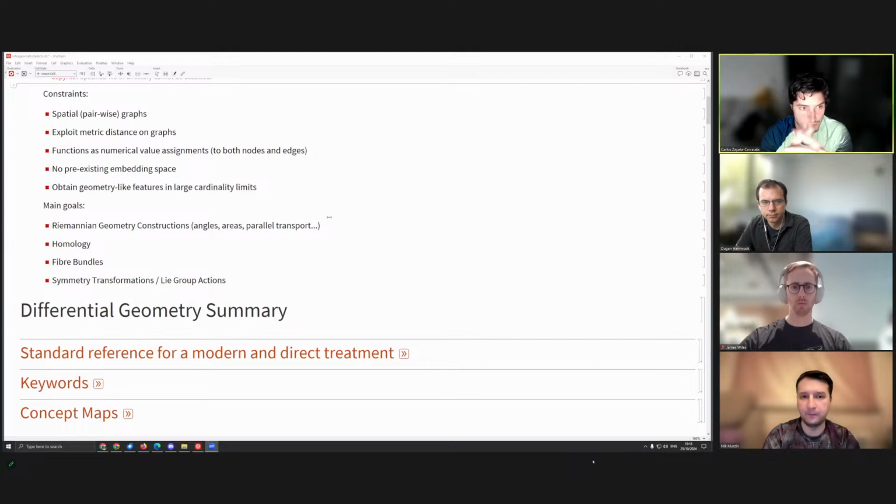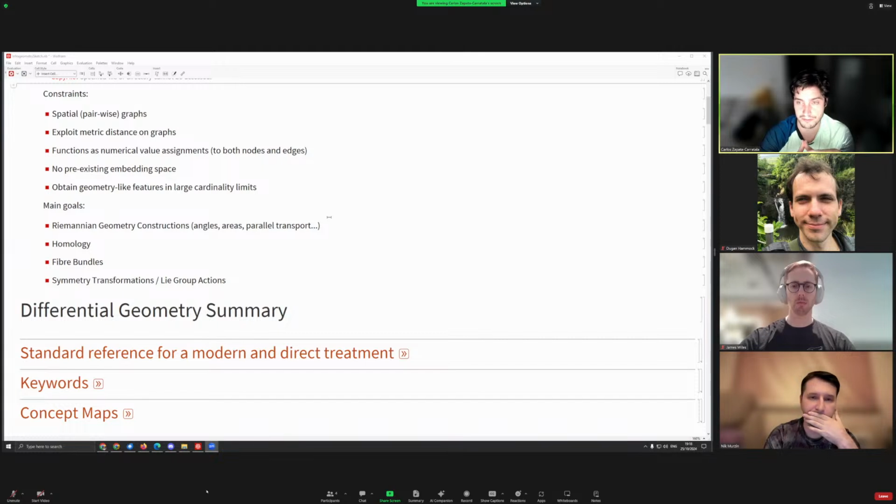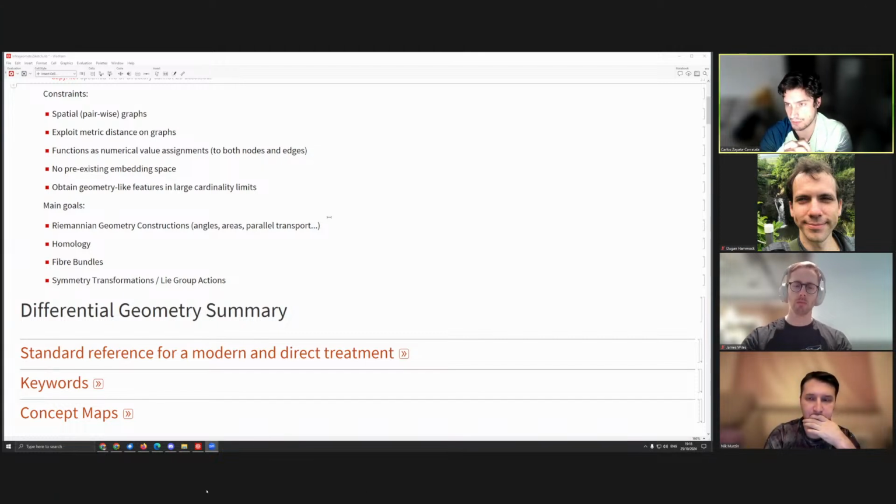So the main goals of the project right now are to get Riemannian geometry constructions, to get homology generally, to get fiber bundles, and to get something like symmetry transformations.